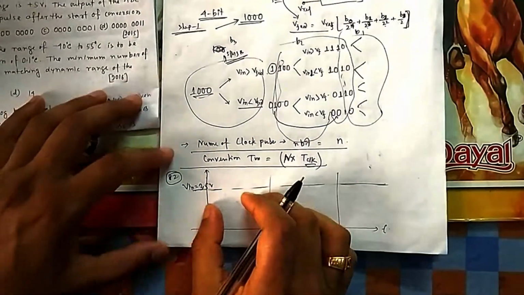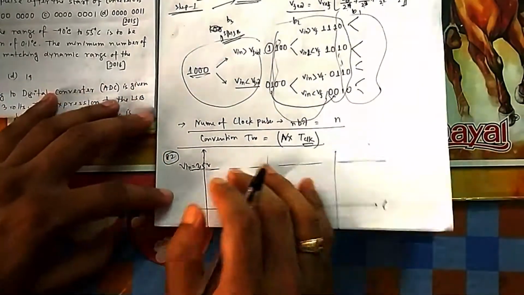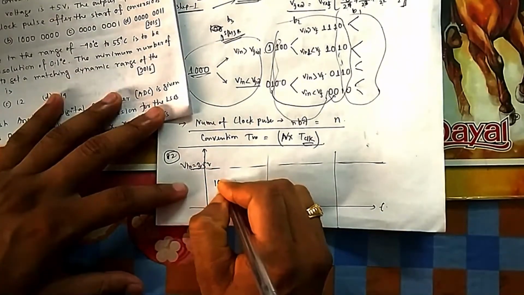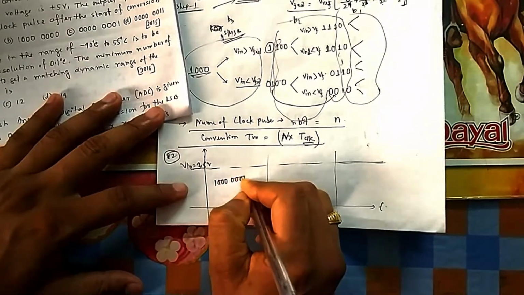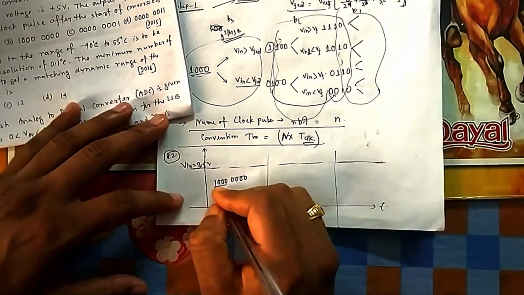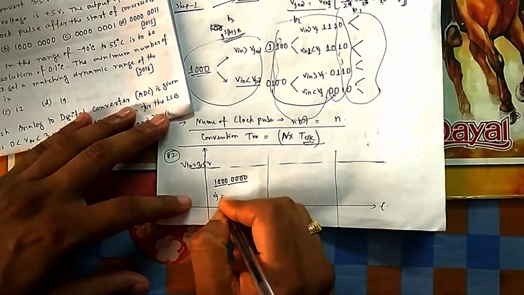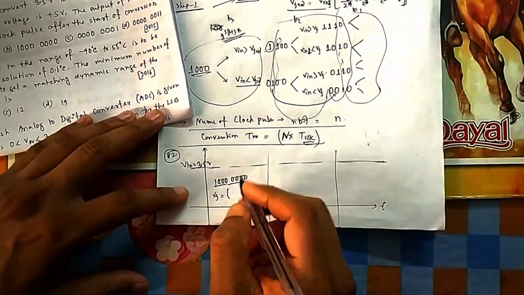In every step we will put a different feedback voltage and check whether V in is greater or not. Because it is 8-bit, first we keep the MSB as 1 and all others 0. So what will be its V feedback?